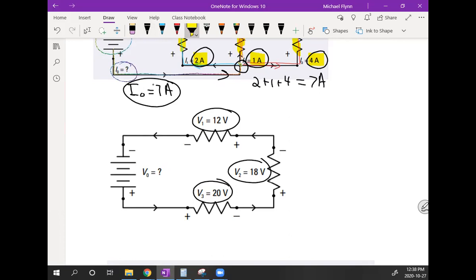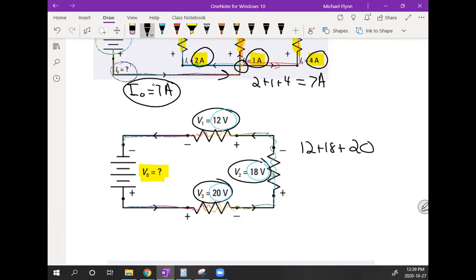You're supposed to find the missing voltage in the chairlift, which is the battery. Can you find the missing voltage? Well, if I had a drop of 20 plus another drop of 18 plus another drop of 12, as I take my single path, the path the electrons take through the circuit and back to the power source, my drops add up to 12 plus 18 plus 20.